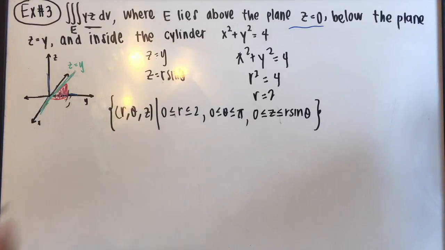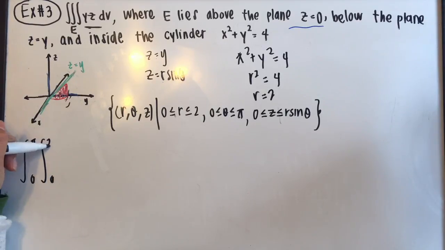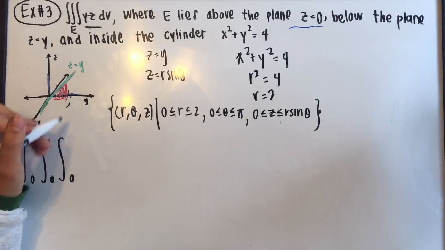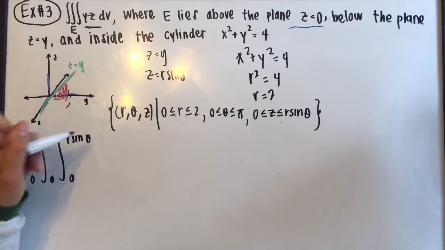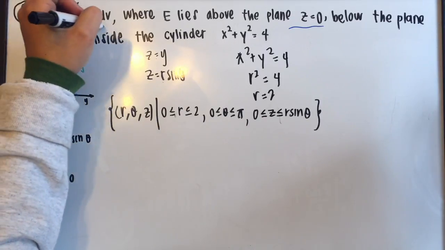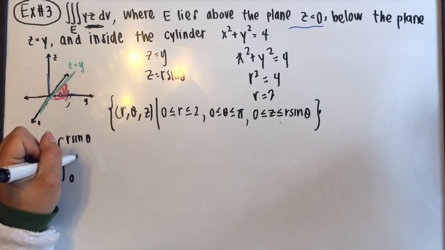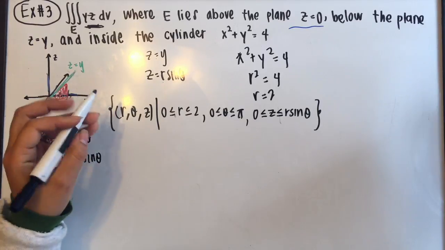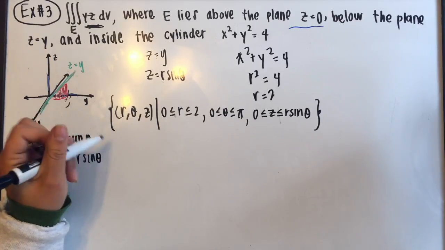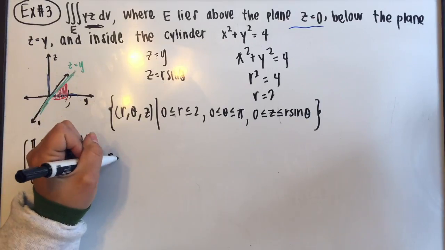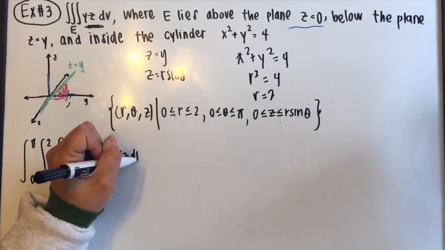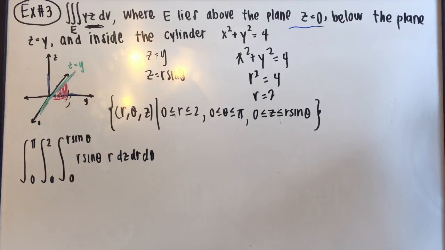Okay, so now having our limits, we can write our integral. From 0 to pi, from 0 to 2, 0 to r sine theta. And we're given a function here, so we have to convert that to polar coordinates as well. So our y is r sine theta, times r dz dr d theta.